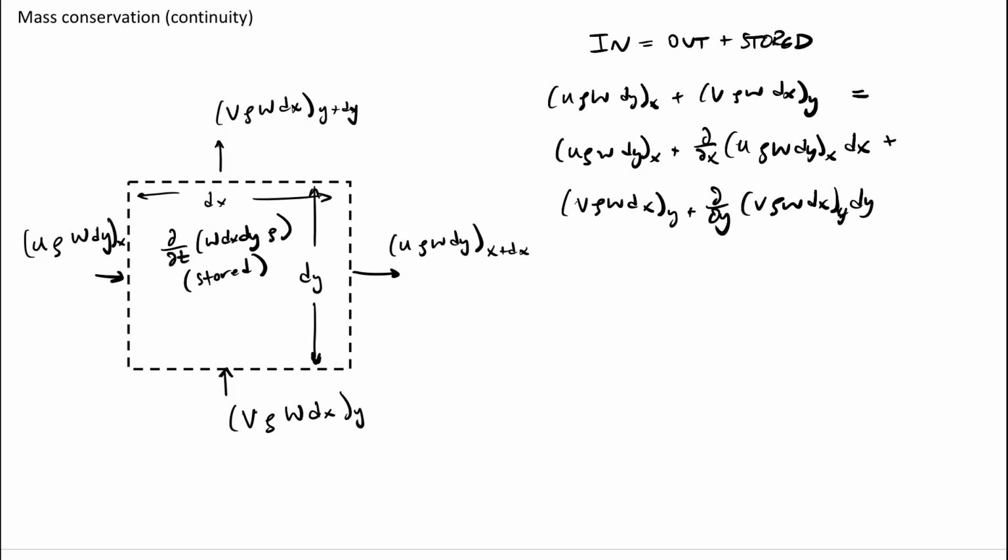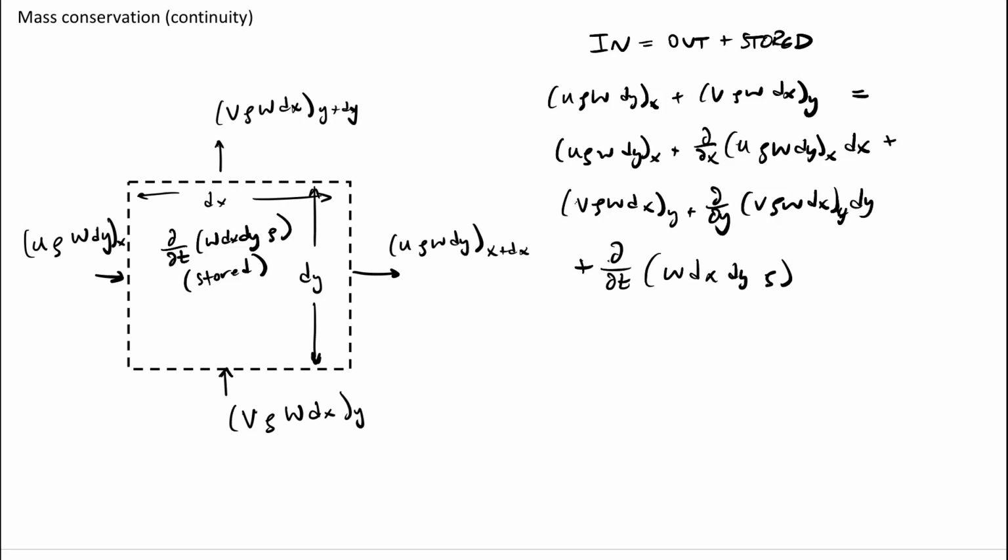So we've got the in and out taken care of. Now we just have the stored, so we'll add that on at the end. That's the partial with respect to time, W dx dy times rho. Just like in the conduction case, we can cancel out some terms.